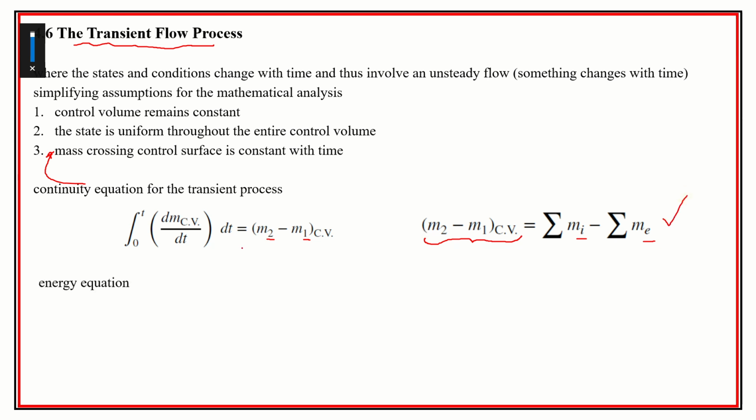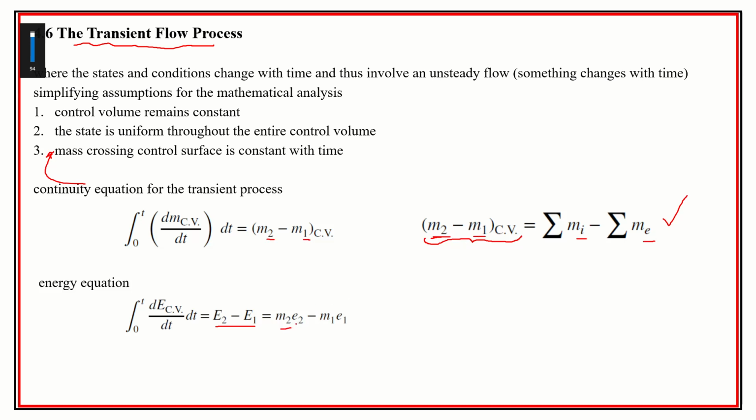In a similar way, the energy equation. We're going to talk about the energy within the control volume. And so we can call these E2 minus E1, and this is going to be related back to the mass that's changing in the control volume.